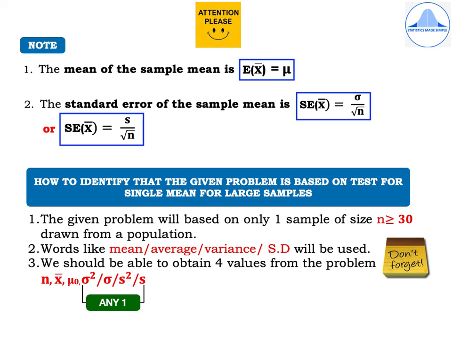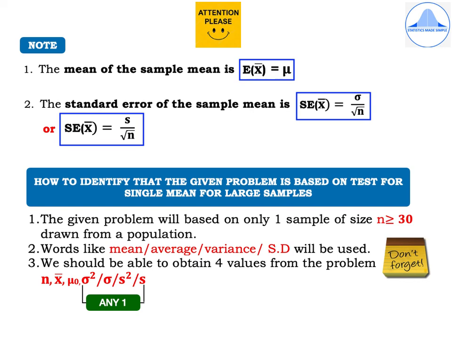So, if the words like mean, average, variance, standard deviation are present in a problem and you have the problem based on only one sample and a sample size n is greater than or equal to 30, then you will know that the formula for the test statistic is z equal to x bar minus mu naught divided by sigma by root n, or z is equal to x bar minus mu naught divided by s by root n.